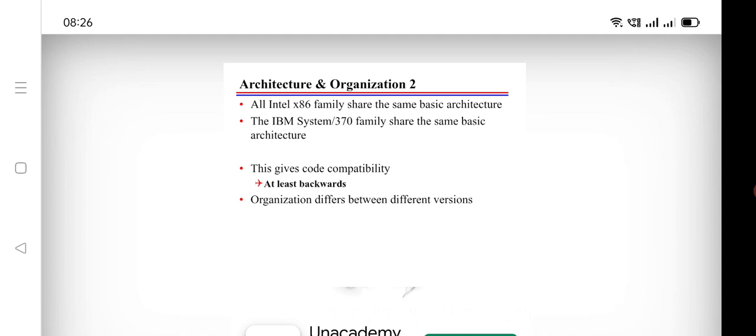You can take Intel, IBM, or Motorola. Whatever you check, organization will differ, whereas architecture will remain the same.